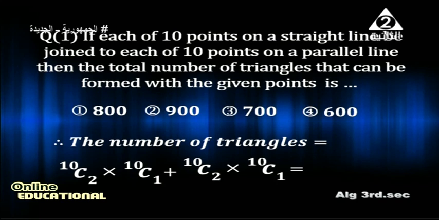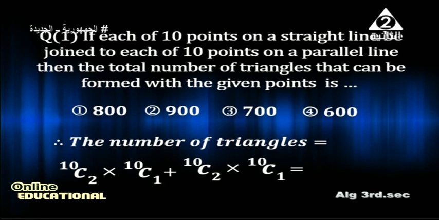Don't forget, my dear student, we have 10 points on L1 and 10 corresponding points on the other line. How many triangles are formed from these points? 800, 900, 700, 600.